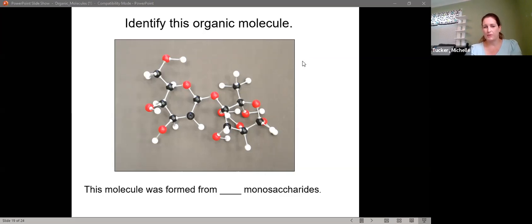So what is it known as? So monosaccharide plus monosaccharide forms a disaccharide. Okay, so I'm just going to go over this slide and then I'll go back.